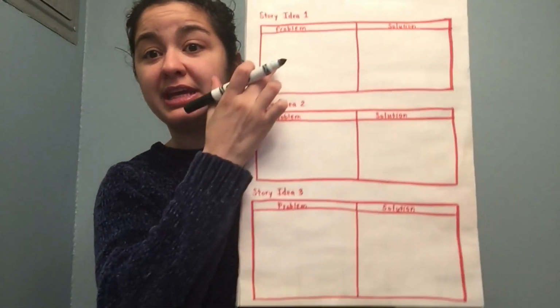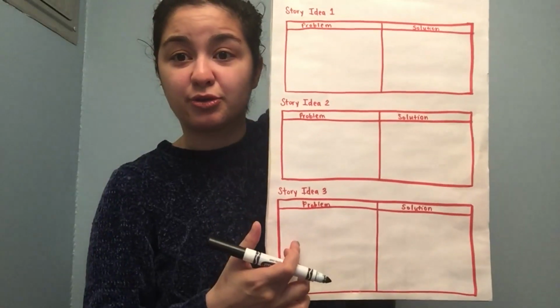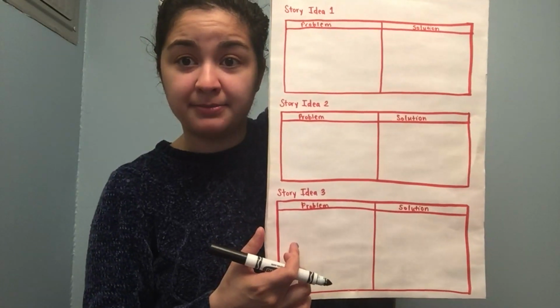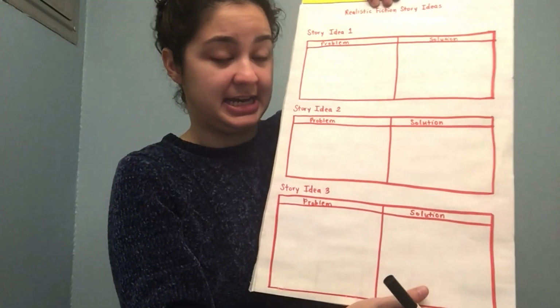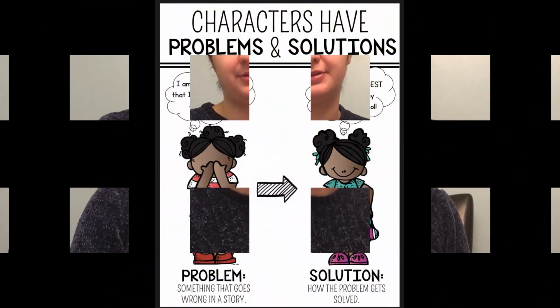Now we're going to come up together with 3 different story idea problems and 3 different story idea solutions. We know that a problem is something that goes wrong in the story. And a solution is how that problem gets solved.